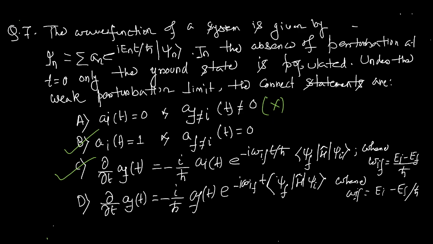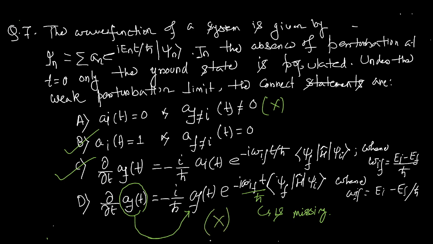But in the fourth option, first of all the H term is missing. It may be a printing mistake, but the H term is missing. Also, the time derivative of the final state is shown to depend on the coefficient of state f, the final state, which is incorrect. Therefore only these two options are correct, and options A and D are incorrect.